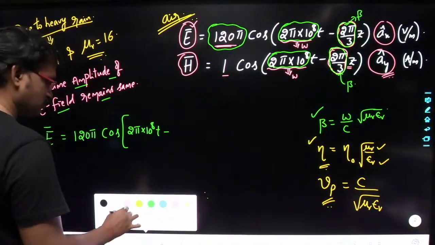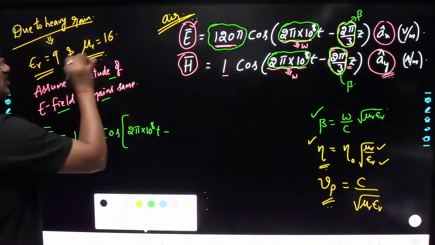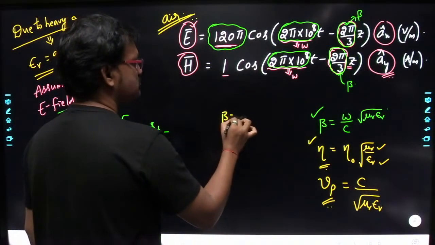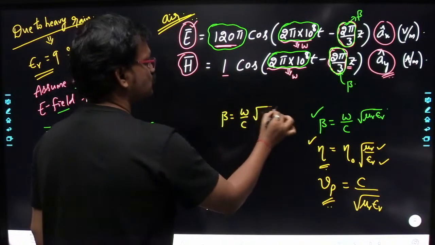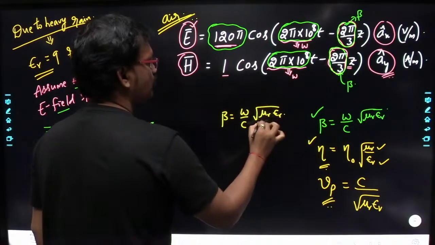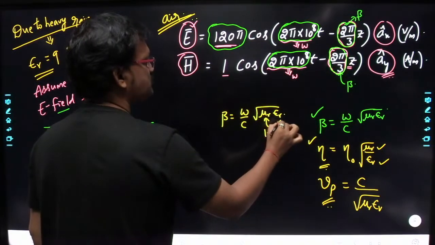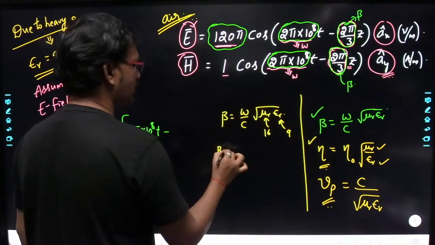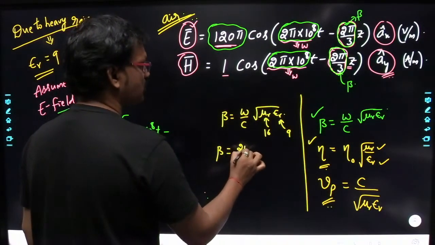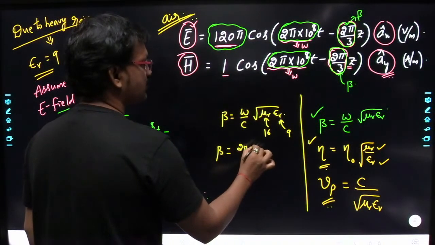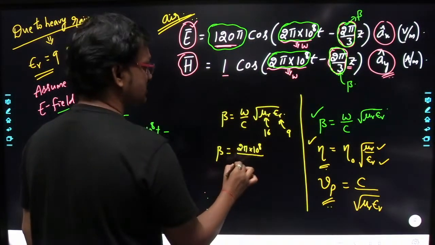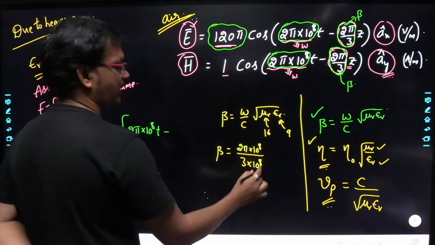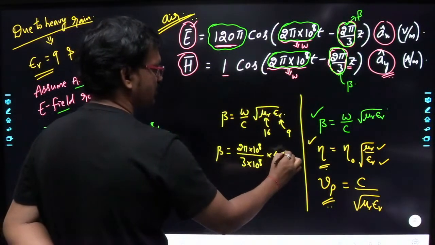now beta is going to change, yes or no? Whenever medium properties change, beta is going to change. So now in this case, what is the beta value? Beta is equal to omega by c into square root of mu r epsilon r. Now mu r value has become 16 and epsilon r value has become 9, right? So substitute these values here. Beta is equal to omega, 2 pi into 10 to the power of 8, and c is nothing but 3 into 10 to the power of 8, and here square root of 16 into 9, you are going to get 4 into 3.